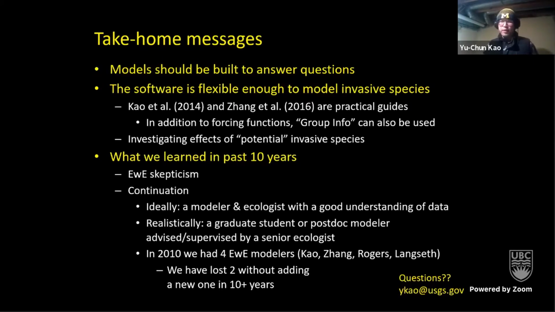Ecopath already has a lot of parameters, and you really don't want to add more parameters and more assumptions to that. Basically you are adding more predator and prey into the food web, and you will see the difference.